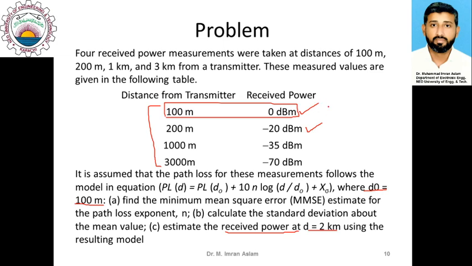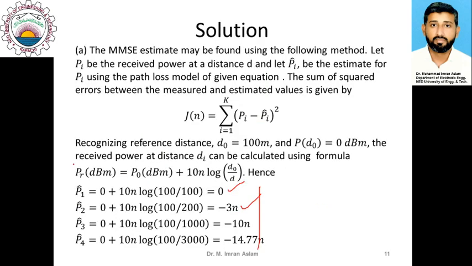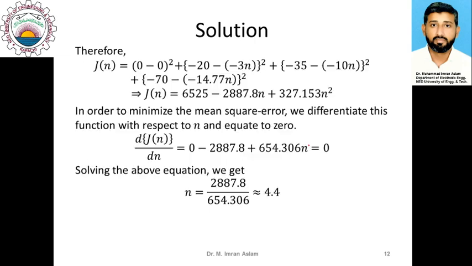So we can use this value to calculate the received power at d equal to 2 kilometers by using this log distance formula, which I have shown earlier in today's lecture. The same formula can be used. P0 dBm is given, n we have already calculated, d naught is 100 and d is 2 kilometers as mentioned in the problem.